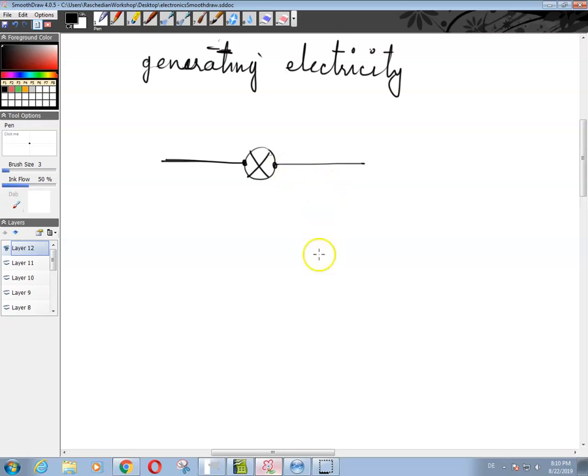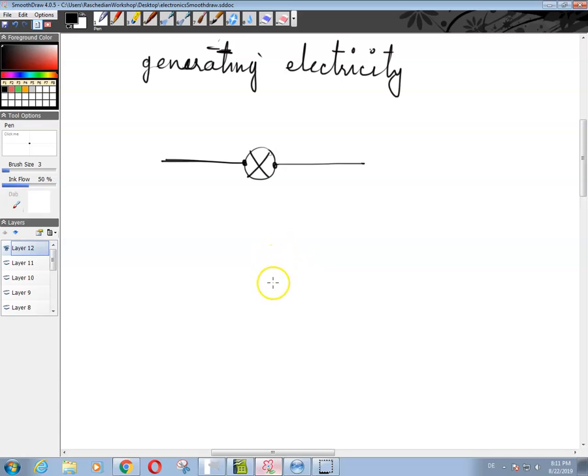So you have to have some sort of source for the power. In other words, you need to have some power supply, and that power supply is basically the part in a circuit that generates electricity.